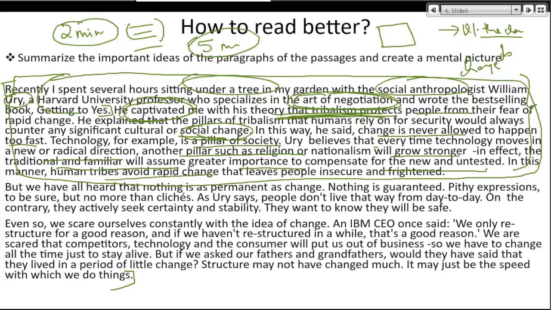Human tribes avoid rapid change. That leaves people insecure and frightened. That means basically tribalism holds back people from accepting changes. Can I say this entire paragraph is nothing but that one simple sentence? I don't say that every paragraph will be like this, but at least I can somehow extract the critical information.